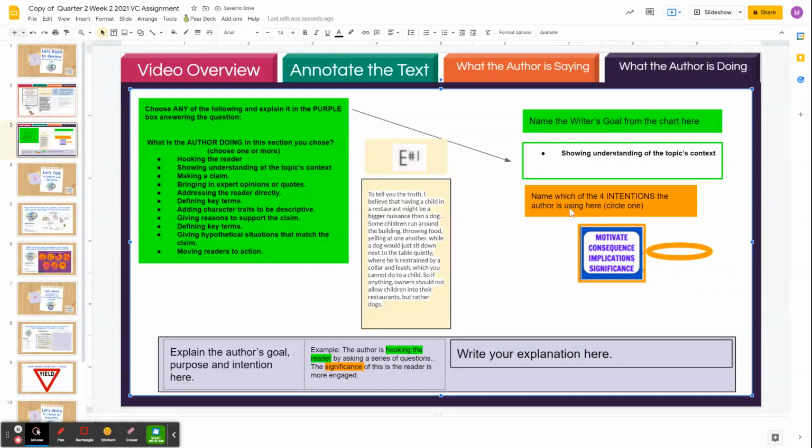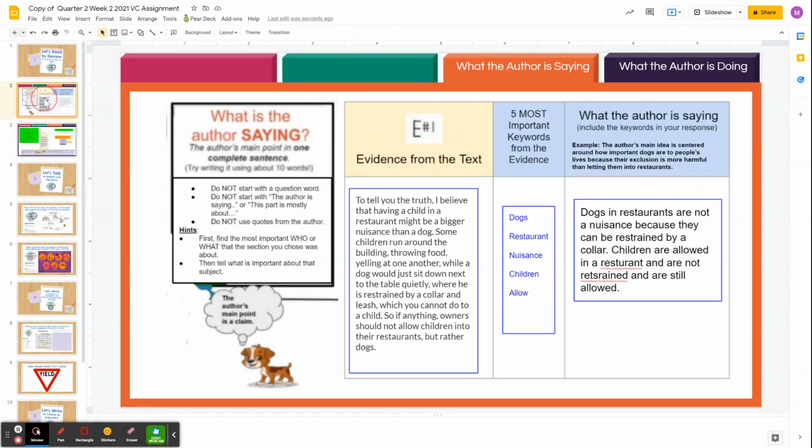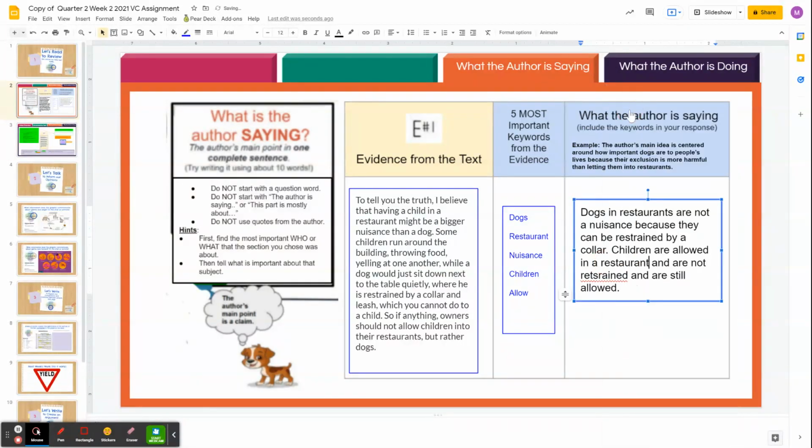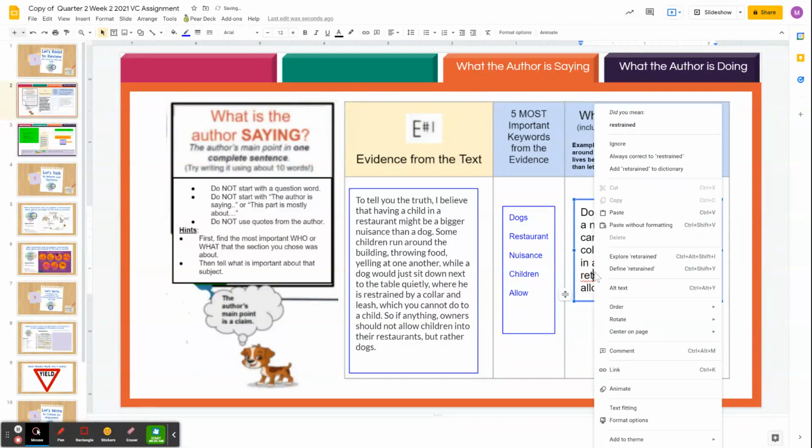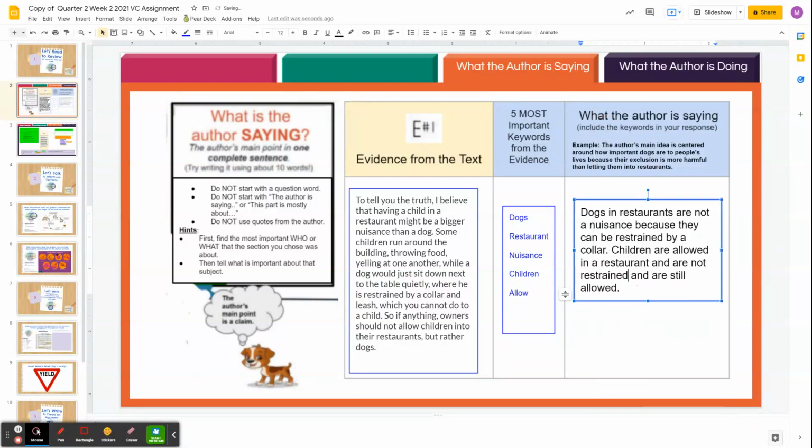The next step is name which of the 4 intentions the author is doing in this text. Are they motivating us? Are they telling us the consequences? Are they giving us the implications? Or are they explaining the significance? Well, I have this great tool to help me of what the author is saying. It's the shortcut. In what the author is saying, dogs in restaurants are not a nuisance because they can be restrained by a collar.